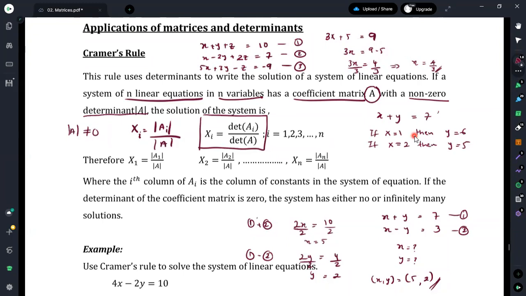When you obtain this Ai matrix, it is obtained just by replacing the ith column of matrix A by the constant terms in the system of linear equations.